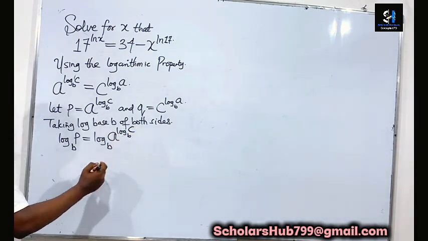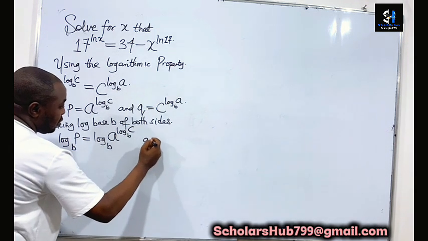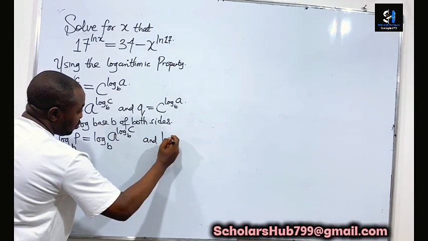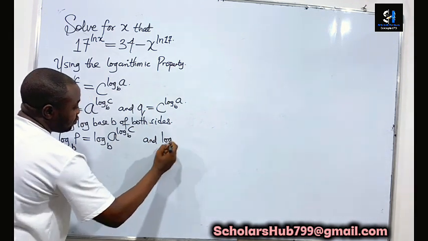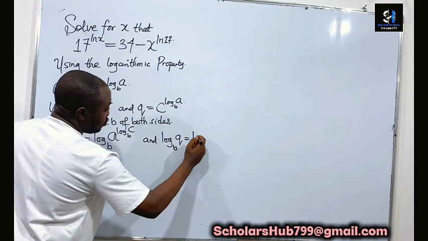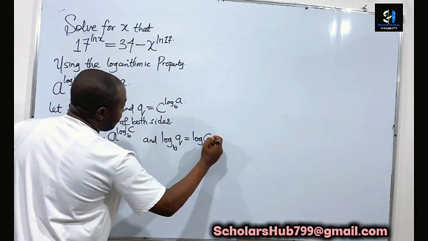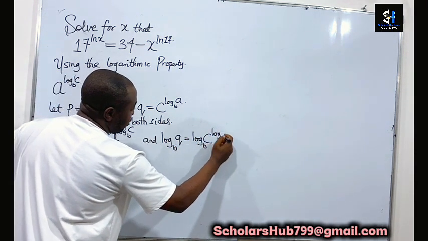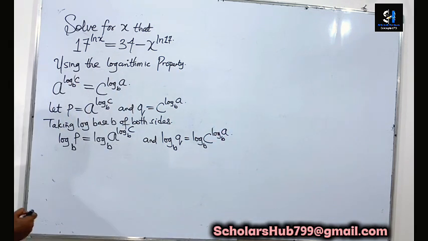I'll do the same thing with this other equation. Log base b of q equals log base b of c raised to the power of log base b of a.